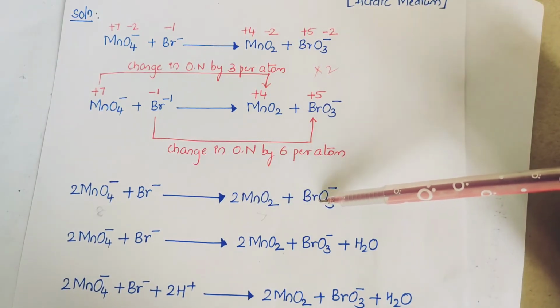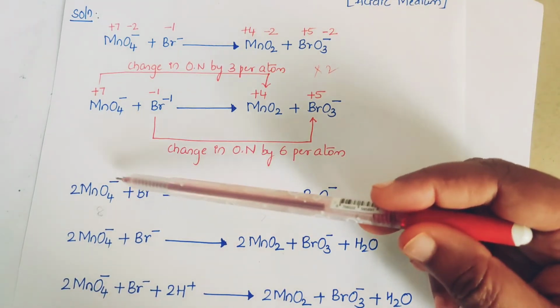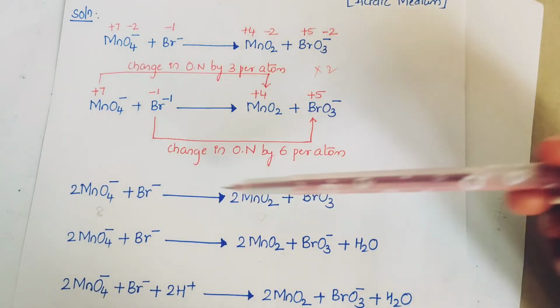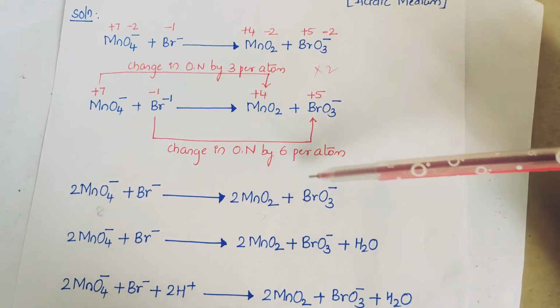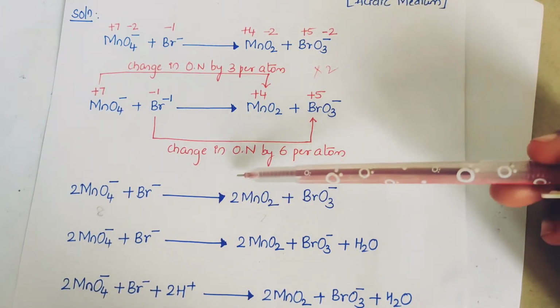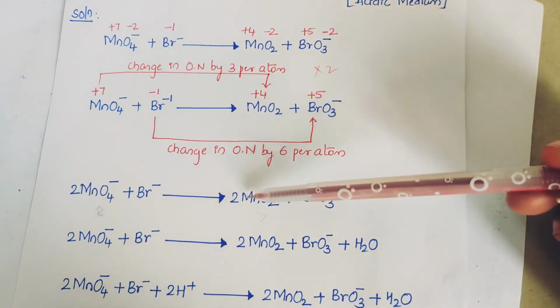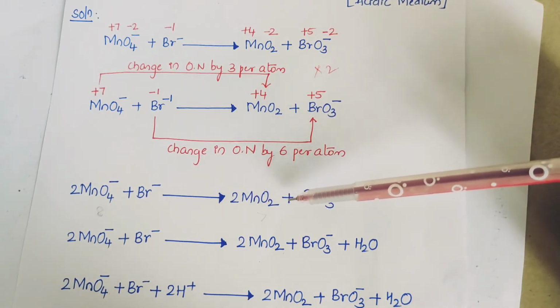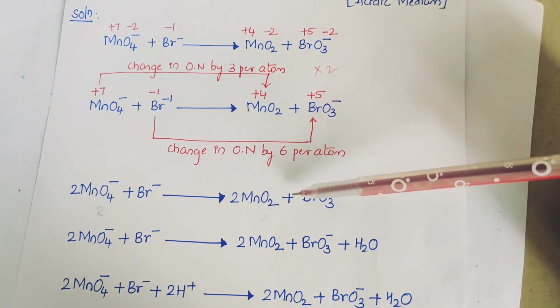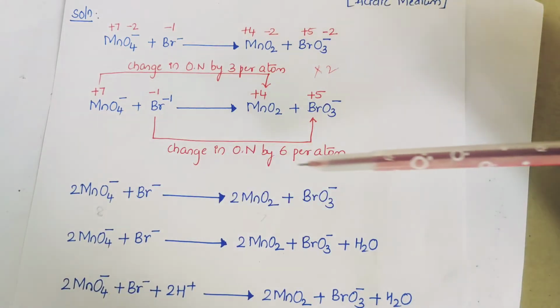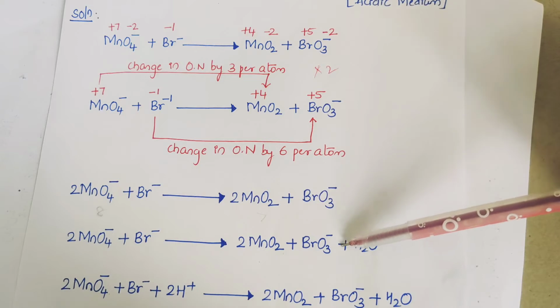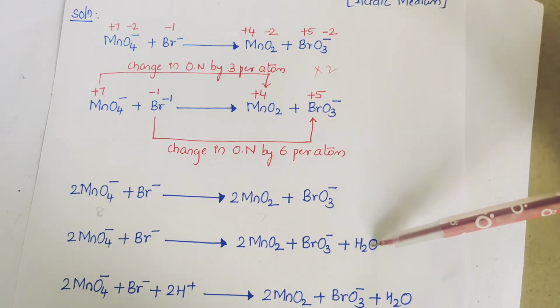Okay, so 7 on the right side, 8 on the left side. So here there is one oxygen deficient on the product side. So whenever you have the oxygen deficient, on whichever side it is, you are supposed to add that many water molecules. So one oxygen is deficient here, so one water molecule you will add to the product side. So I am adding 1 H2O.